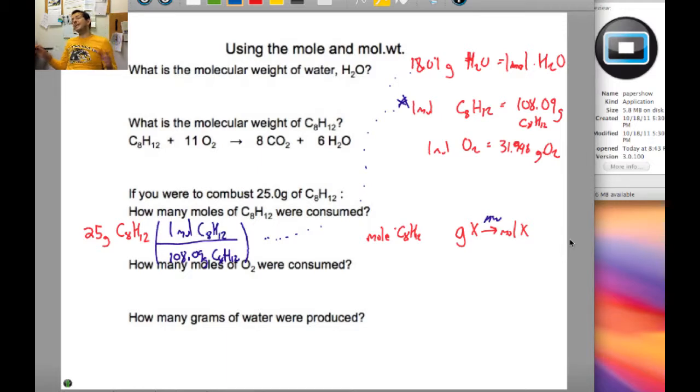I know you're saying, Dan, why can't I just divide by 108.09 and I'd get the right answer? That's true, but part of this is keeping track of our units, and this allows us to convert our units away quite effectively. Grams of C8H12 being converted away into moles. Says we have about 1/4 of a mole. Says that there's 0.23 moles of C8H12 consumed, 3 sig figs in our problem, 3 sig figs in our answer.